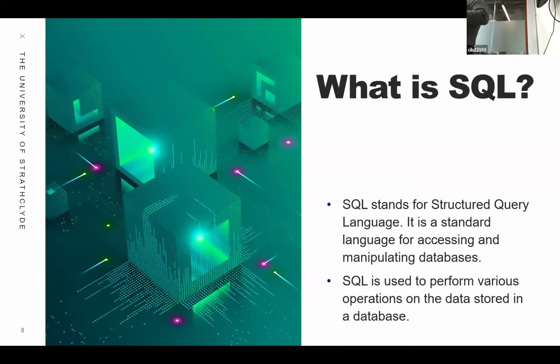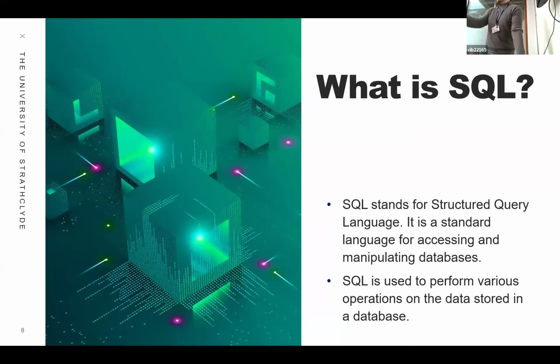Because of these kinds of situations, the SQL language has the option to commit and close the connection. That way, you are not going to have problems while working in the same database with the other scientists. SQL is used to perform various operations on the data stored in the database.